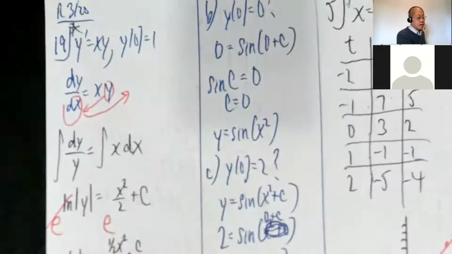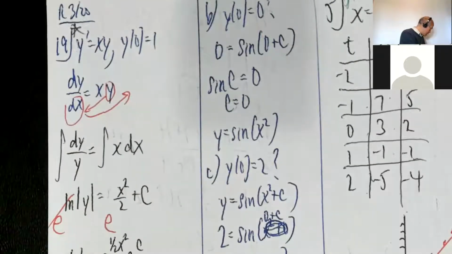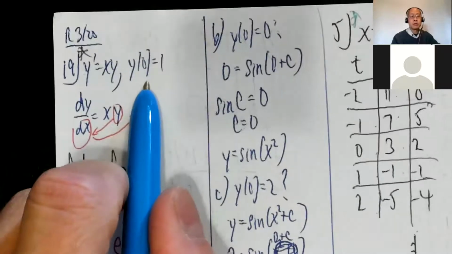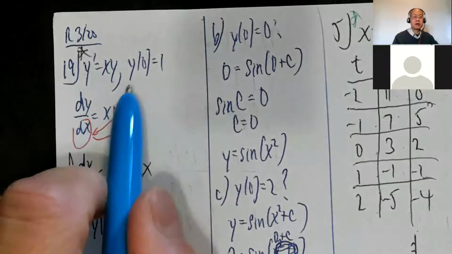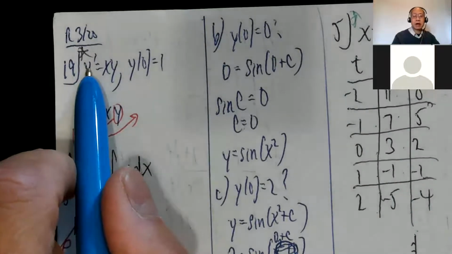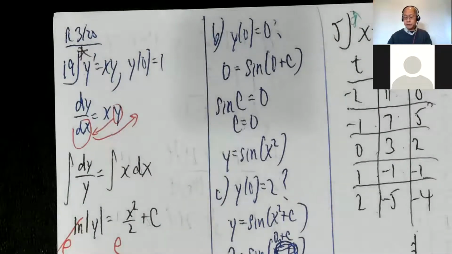In my edition, it was xy, so I'm just changing a little bit. And in our edition, it says the point 0, 2. The previous edition said it was 0, 1. So that's the only difference, but otherwise the idea is the same. So I'm going to do 19 star. Whenever I have a star, it means it's not the same as the problem in our text. That's the way it was in the previous edition, but it was too difficult for me to remake it all, so I'll just go with what I already had before.